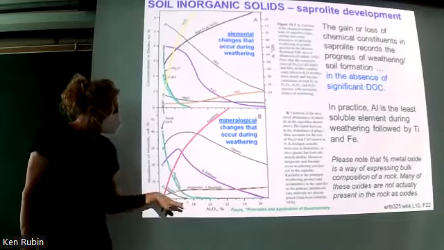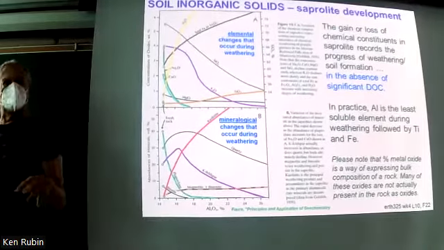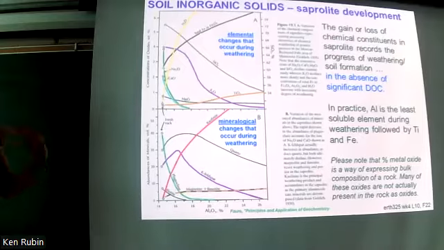That doesn't mean to say that this soil is 26% aluminum oxide. It isn't. This is the amount of aluminum in the soil expressed as an oxide.